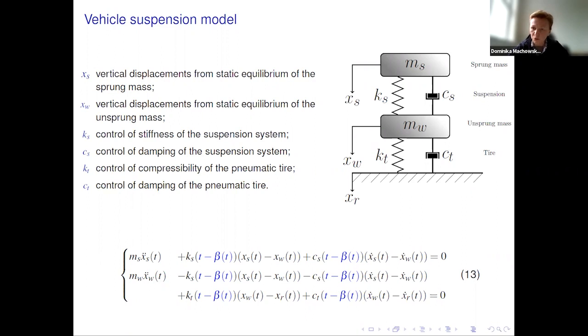So we want to control the stiffness and the damping first of all, and we also assume that this control works with some delay. The delay could be because of the external conditions in which the car works, or because of some problems with information transmission.